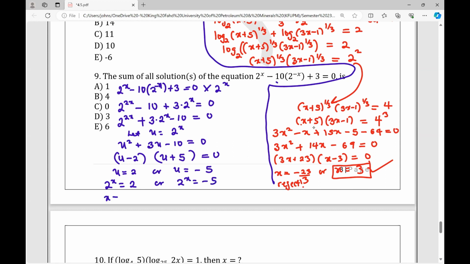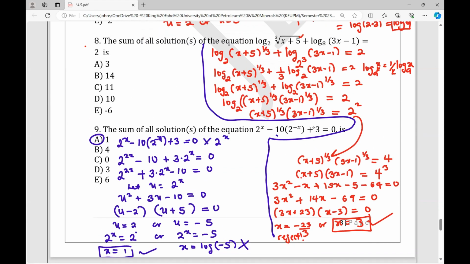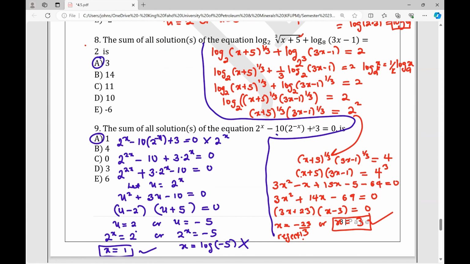So clearly here, x is going to be 1. But here, x is going to be log of minus 5, which is impossible. So you reject it. So our solution is just x equals 1. So the answer here is A. The answer here is also A, question number 8.